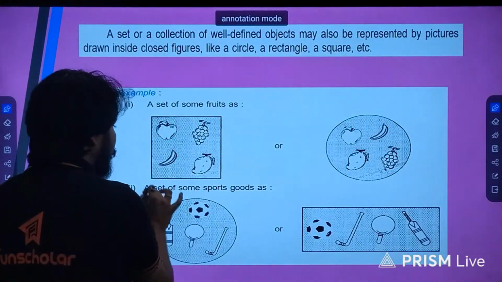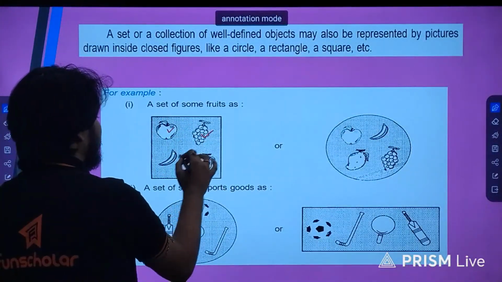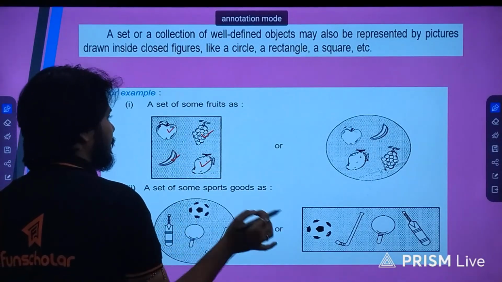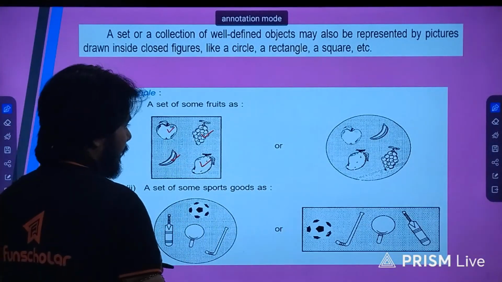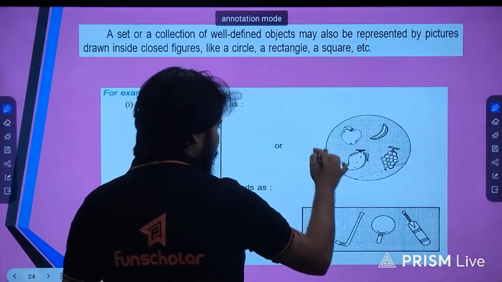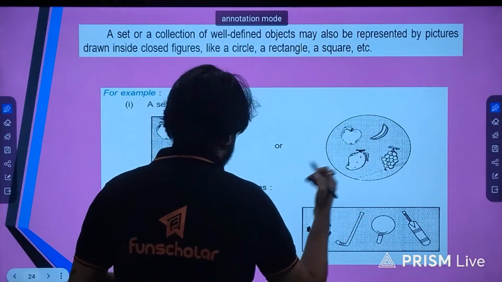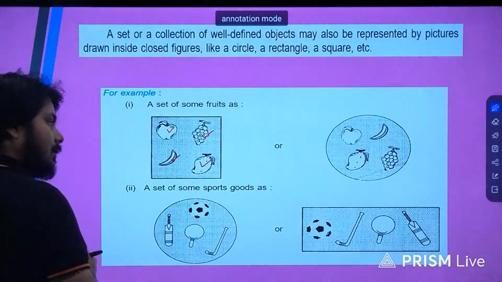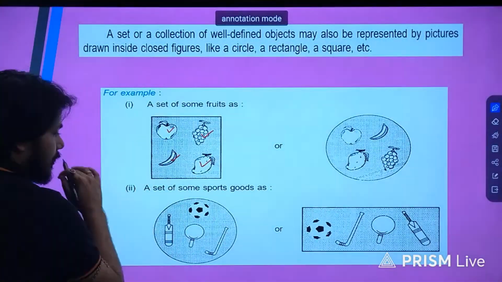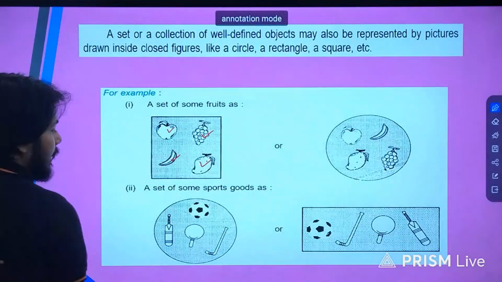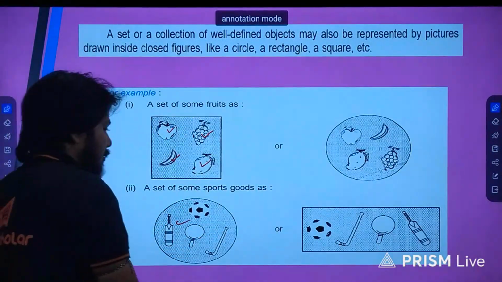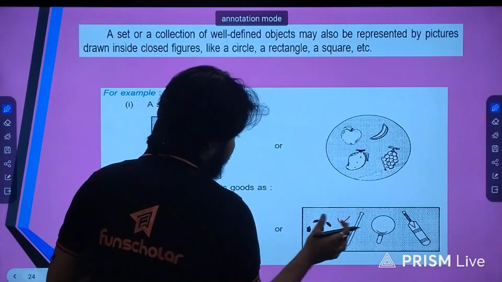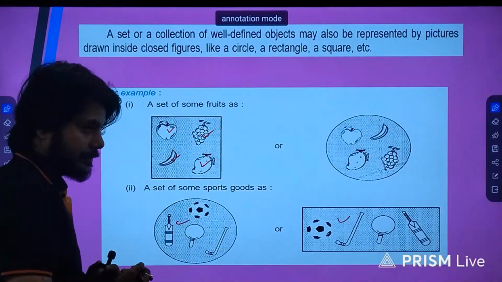Here, you can see a closed figure inside which pictures of some fruits have been given. This is also a closed figure inside which the pictures of fruits have been given. This is also a closed figure, and this is also a closed figure inside which some pictures of sports have been given, right?